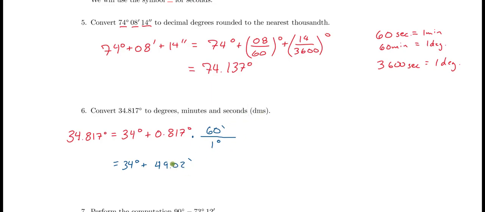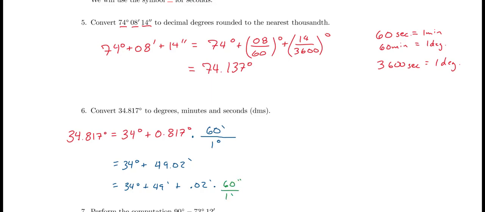So I need to subdivide. This is my fractional part of a minute. I'm going to peel that away. So this gives me 34 degrees plus 49 minutes plus an additional 0.02 minutes. And now I'm going to multiply it by its conversion factor. And the conversion factor for converting from minutes into seconds is the fact that there are 60 seconds per 1 minute.